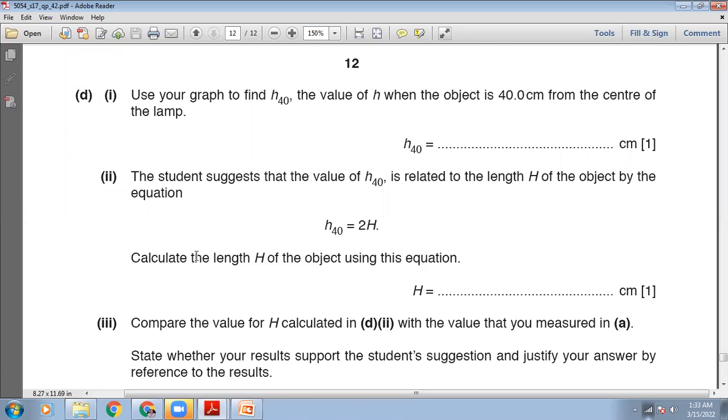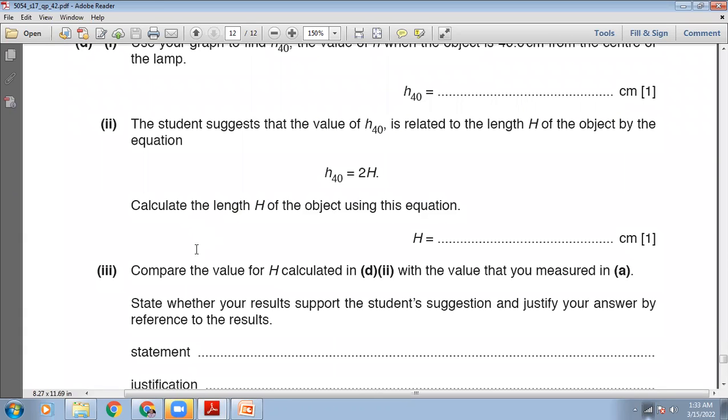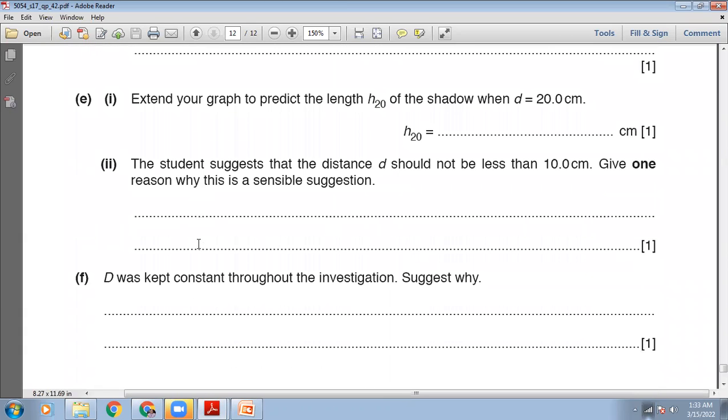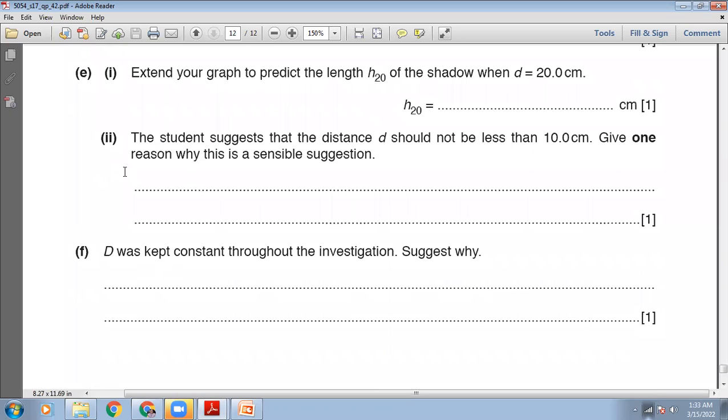Then we have this third part. Then E part, he says extend your graph to predict the length H20 of the shadow when D is 20 centimeter.